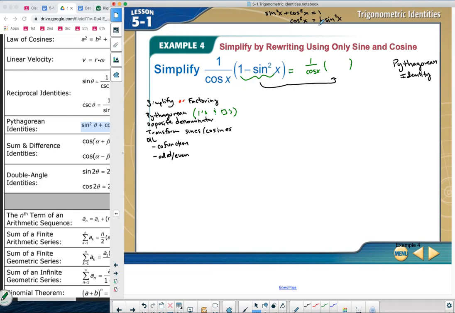Cosine squared x. That's right. This should have been a cosine squared. So that's a Pythagorean identity. 1 minus sine squared is equal to cosine squared.